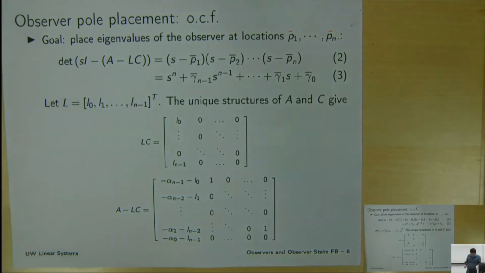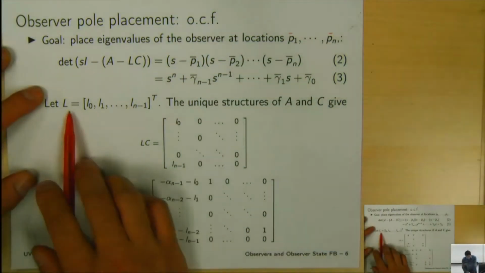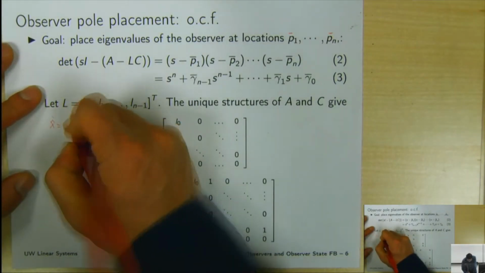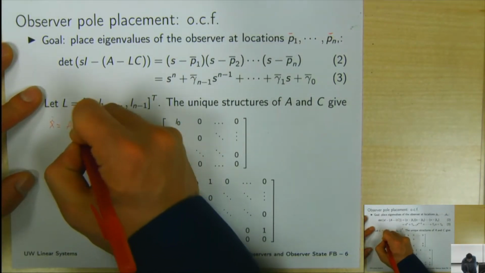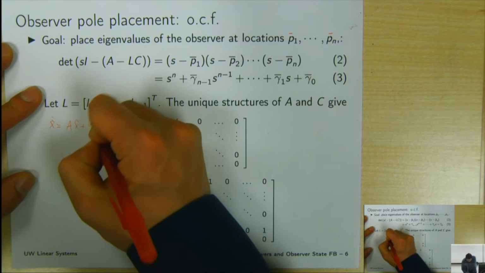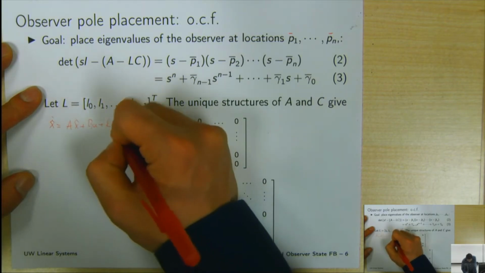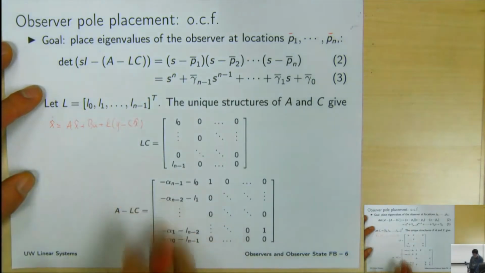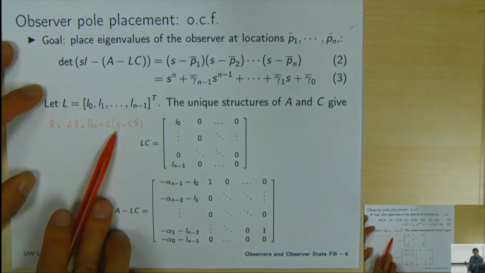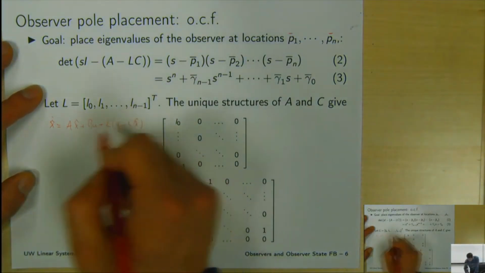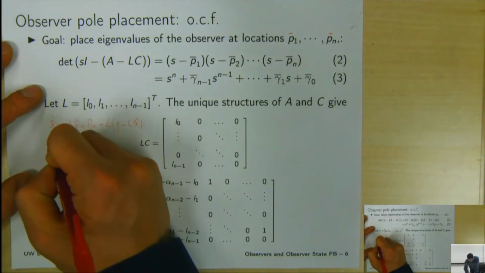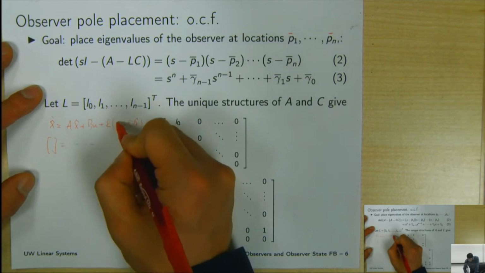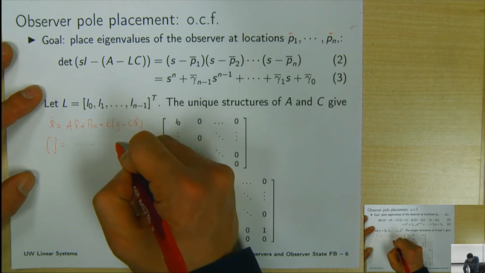Let's say the observer gain that we design, so the observer dynamics, keep in mind how the structure looks like, is A x hat plus B u plus L times y minus C x hat. So if it is a single input, single output system, the dimensions are, this is going to be a vector, and then y is going to be a scalar.